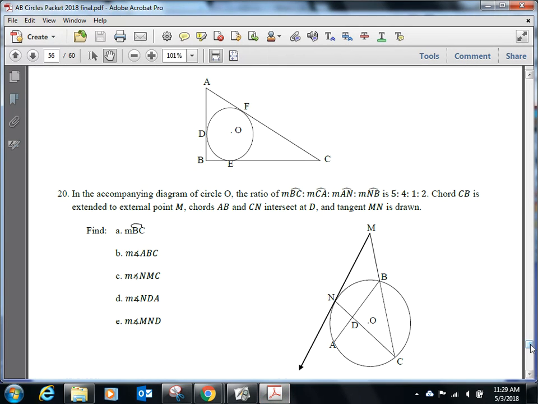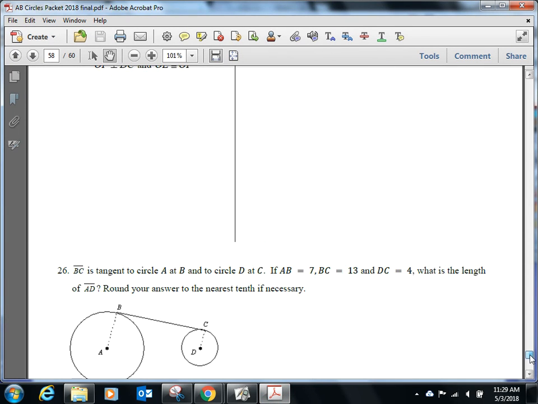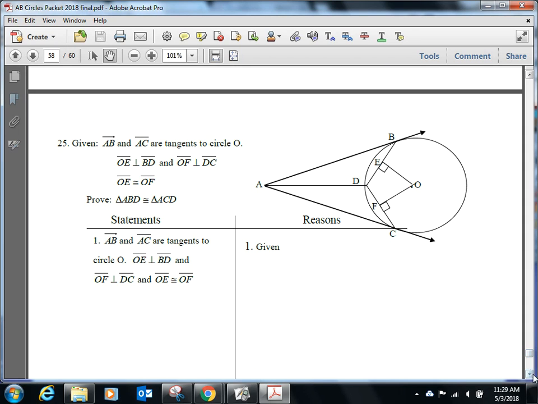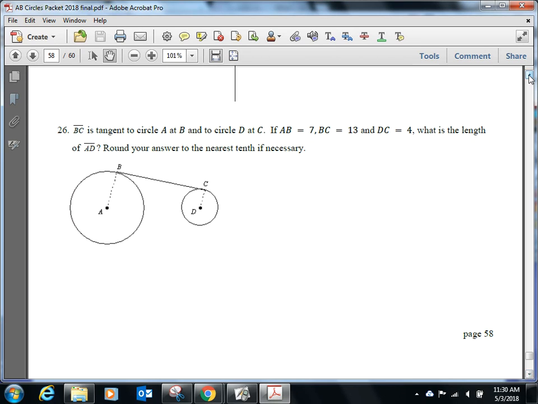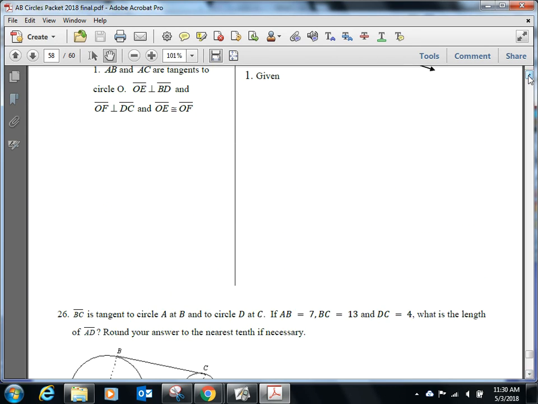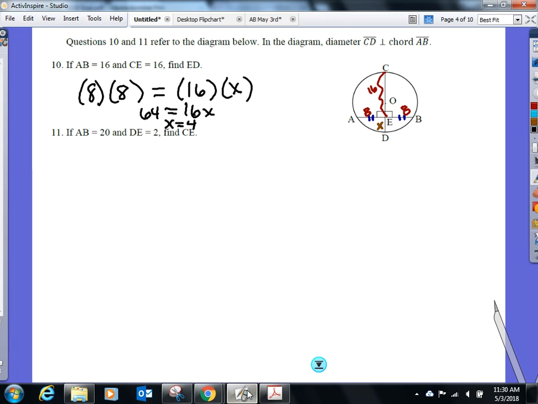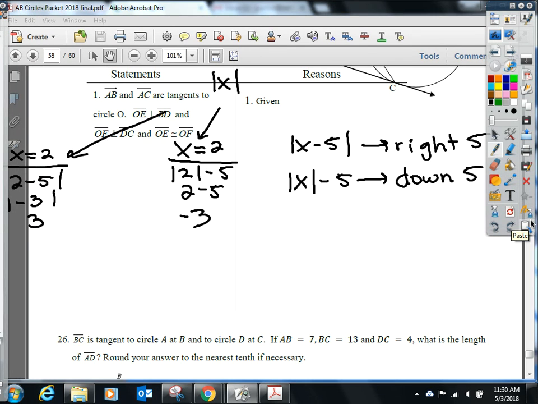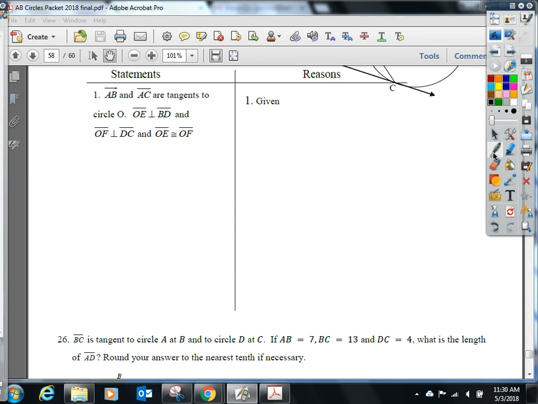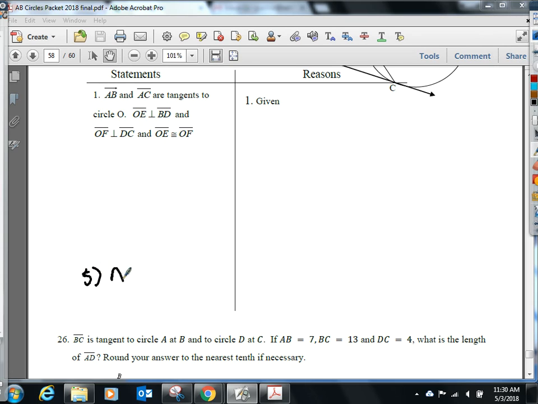Okay, I know we went over these proofs yesterday, but I just want to add something in. That triangle proof we went over, you don't have to write any of this down. It's actually a little bit of a review. What step did we prove the triangles congruent?